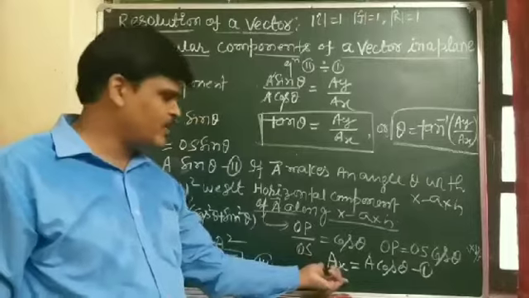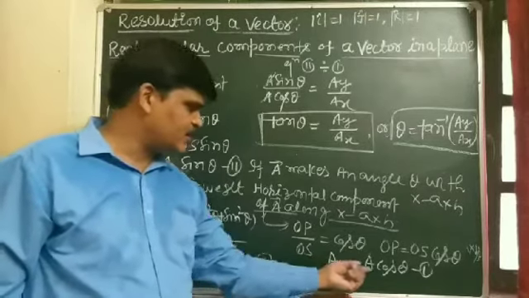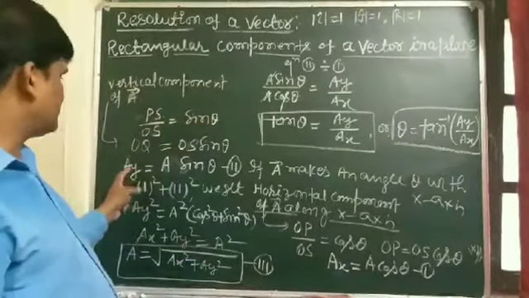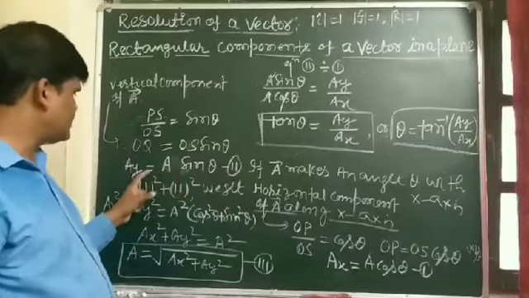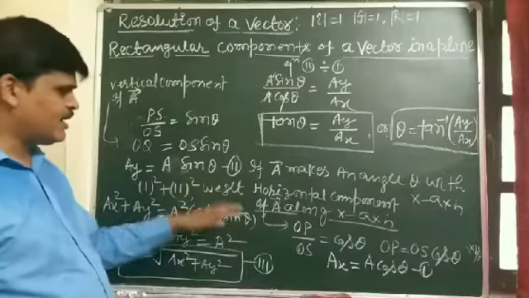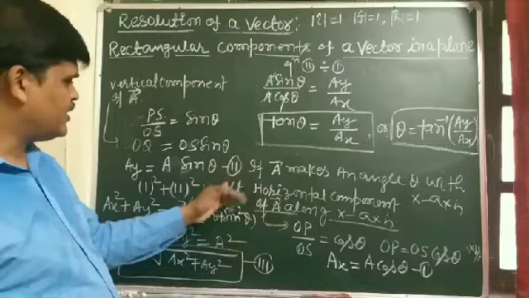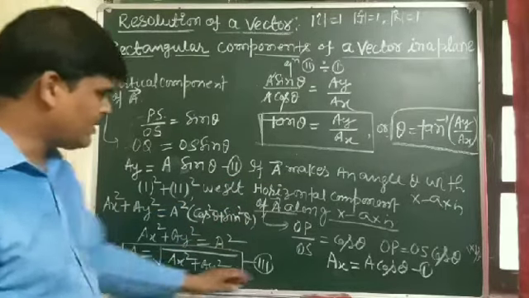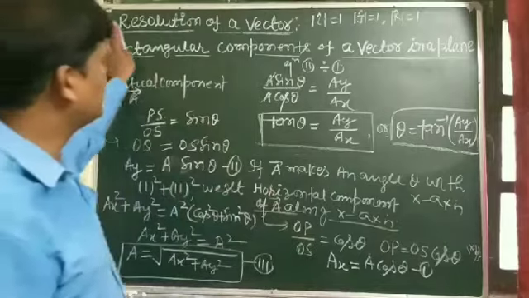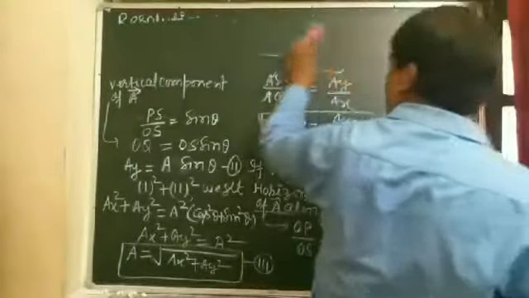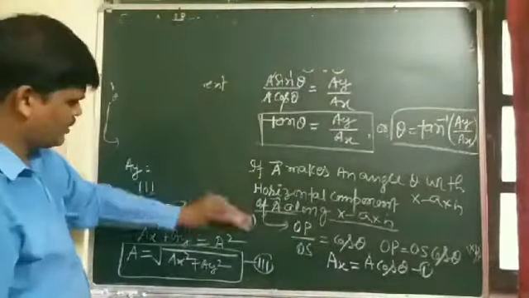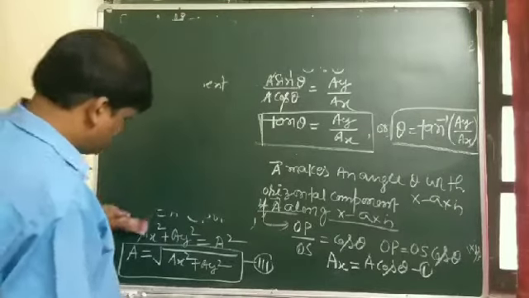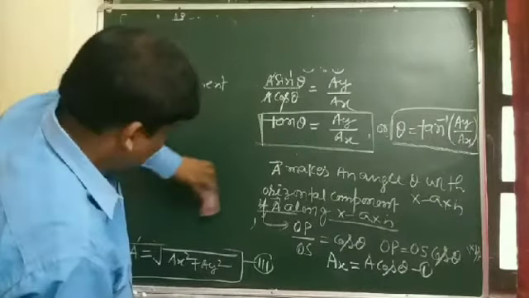The horizontal component AX equals A cos theta, and the vertical component AY equals A sin theta. Squaring both equations gives the magnitude, under root AX square plus AY square.